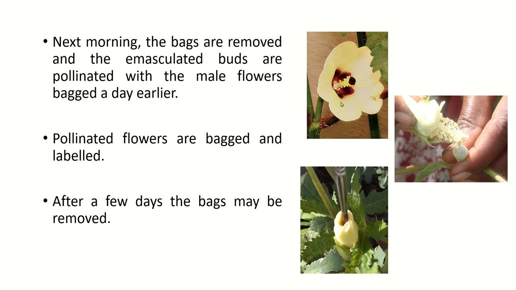Okay, so you can directly pluck this flower and pollinate the stigmatic surface. Okay, once enough pollen grains are attached on the stigmatic surface, you can expect some amount of fruit set in the future.